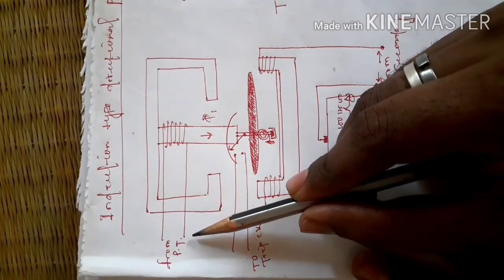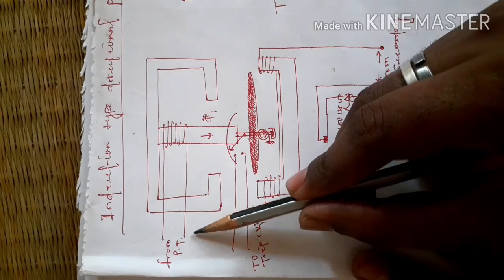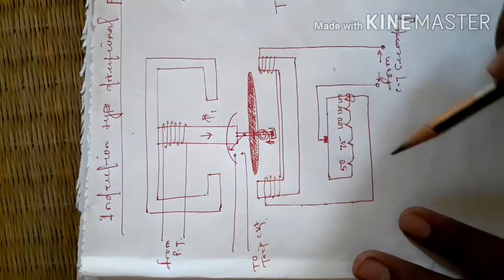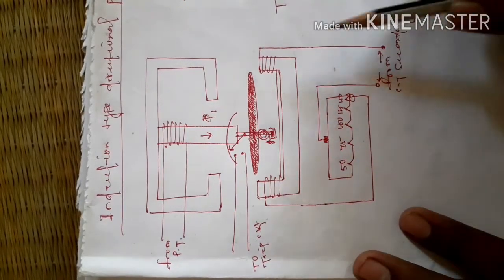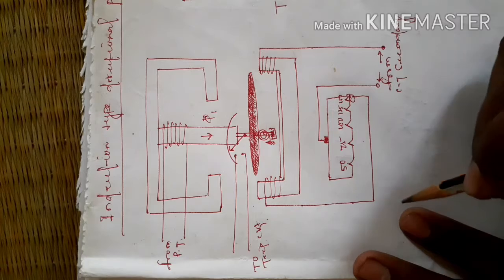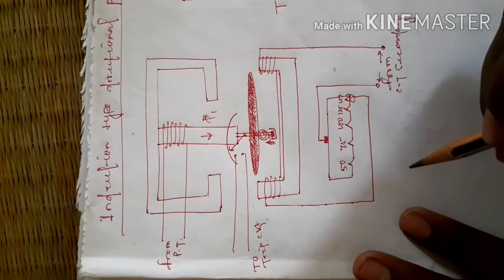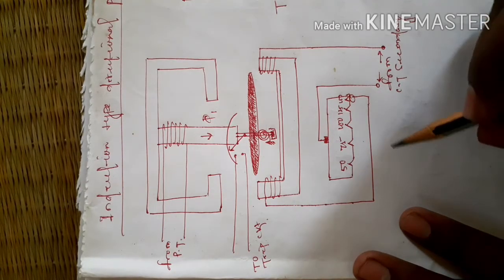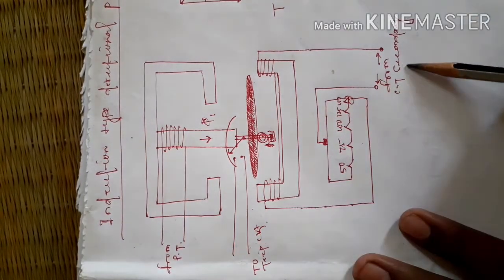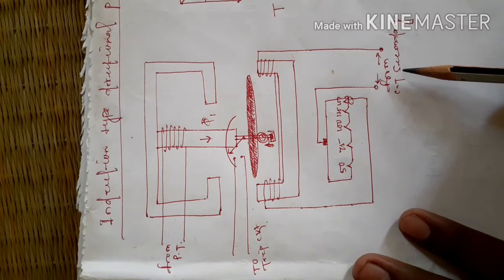This is the secondary of the PT, which is connected with the upper electromagnet, and the lower electromagnet is connected with the CT secondary. So the entire directional power relay completely depends upon this voltage value and this current value, so it is called power relay.